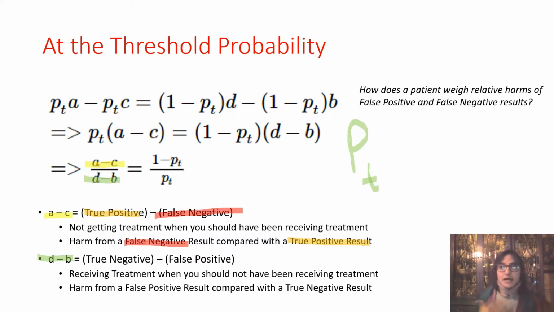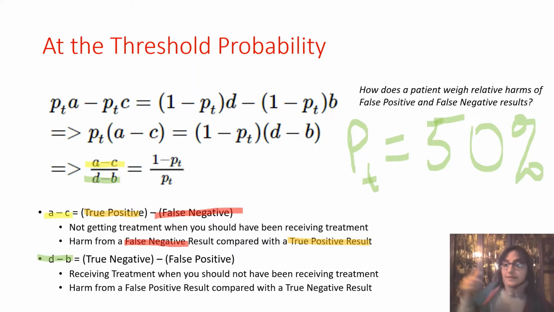So a lot of the time, I feel like false negatives are worse than false positives. But if the threshold probability is 50%, that means false negatives are the same as false positives in terms of the error.